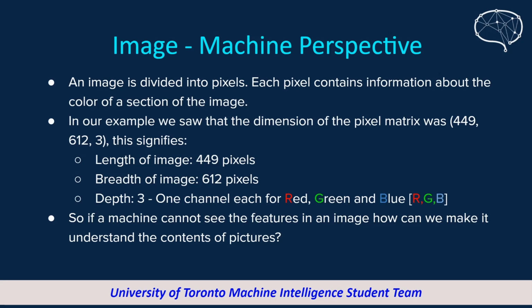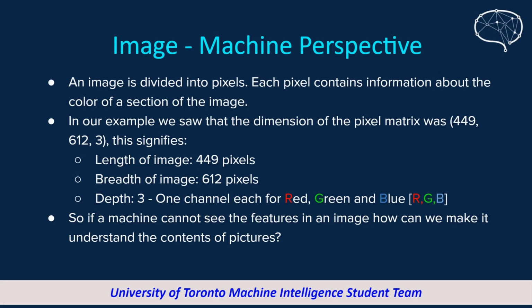Now what do we exactly mean by the depth? The picture that we just saw was in the RGB color scheme, which means that there is one channel each for red, green, and blue, making it 3 channels in total, and hence the depth is 3. Remember that if we use any other color scheme, for example, if the image is in grayscale, then the depth is 1.